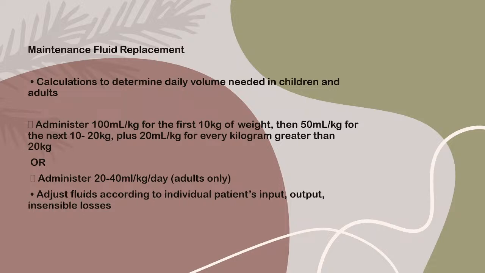So there is a basic calculation that is required, to determine the daily volume needed in children and adults. First we will do it for children, and then we will discuss adults. For children, for the first 10 kgs of weight, we give 100 ml per kg.